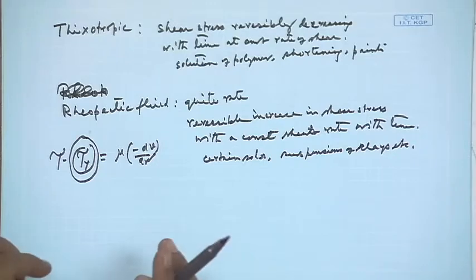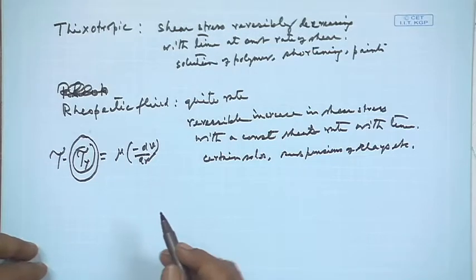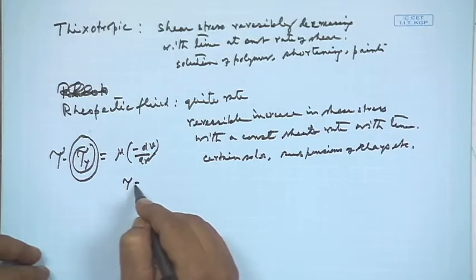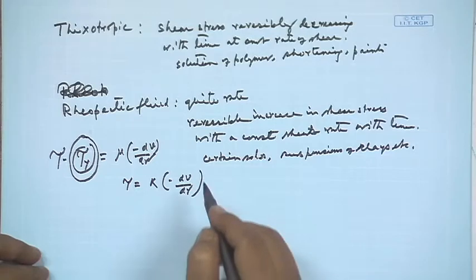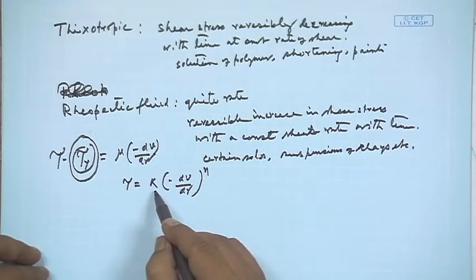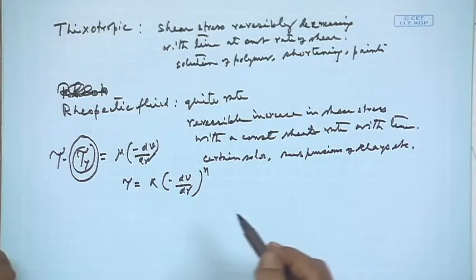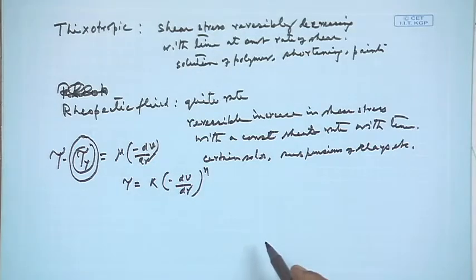For pseudoplastic and dilatant fluids, tau equals k times minus dV dr to the power n. We said k is the flow behavior coefficient with units Newton second to the power n per meter square, and n is the flow behavior index, which is dimensionless.